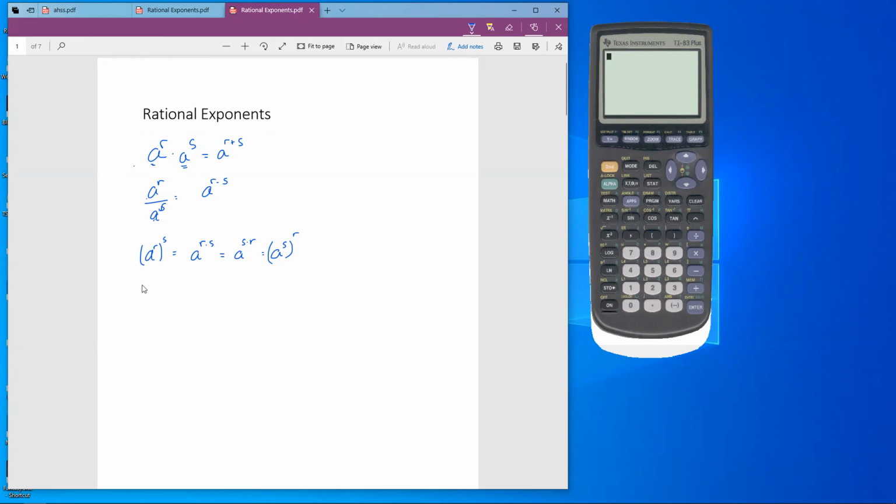So if you have an a to the 12th, that's a to the 3 times 4. So this is either a cubed raised to the 4th power or a to the 4th raised to the 3rd power. This is going to be a really important concept as we go through the lecture today, as we do some examples.